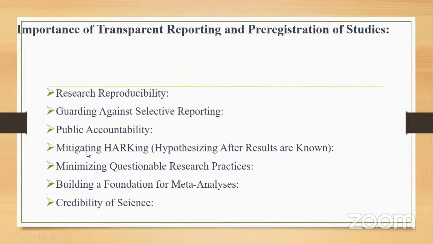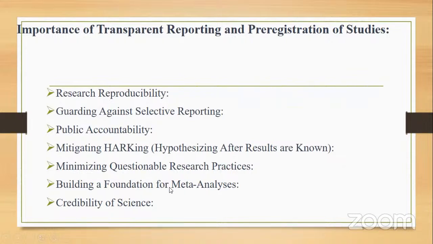And I found this interesting: by mitigating HARKing, which is hypothesizing after results are known, and this is known as post hoc analysis. After you obtain the result, you go back and set your objectives. You will minimize the questionable research practices and misconduct in research, and you will gain the trust of the population and the authorizing bodies.